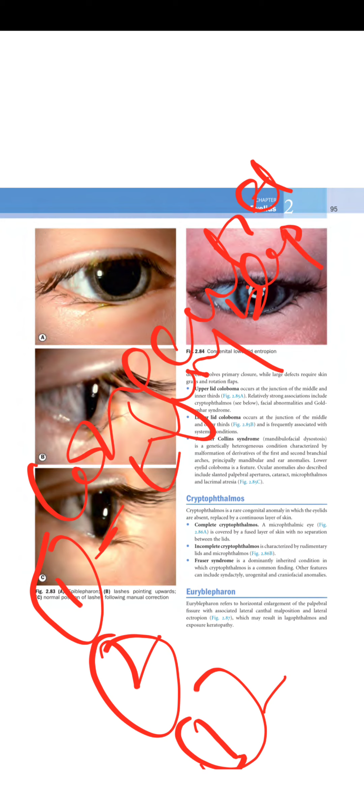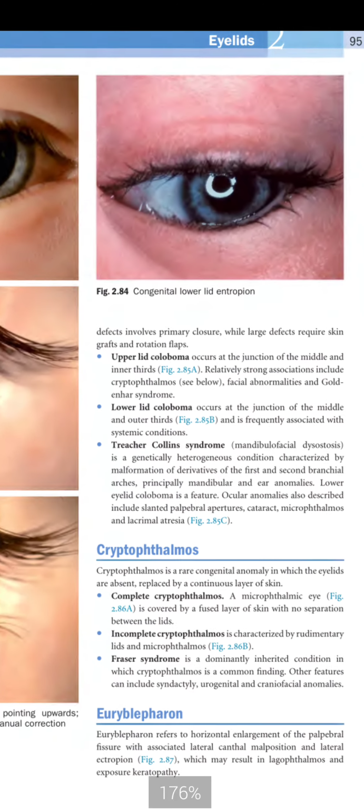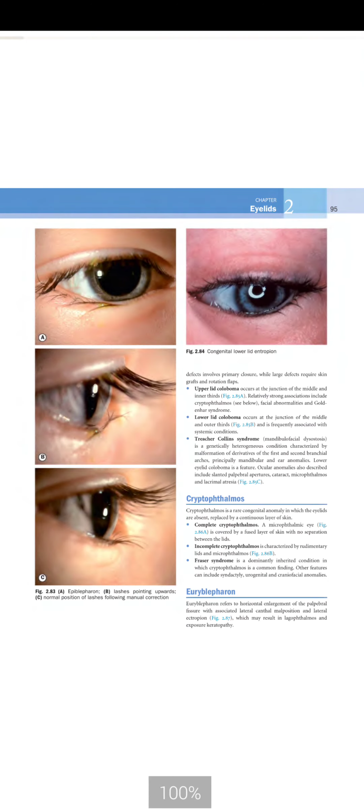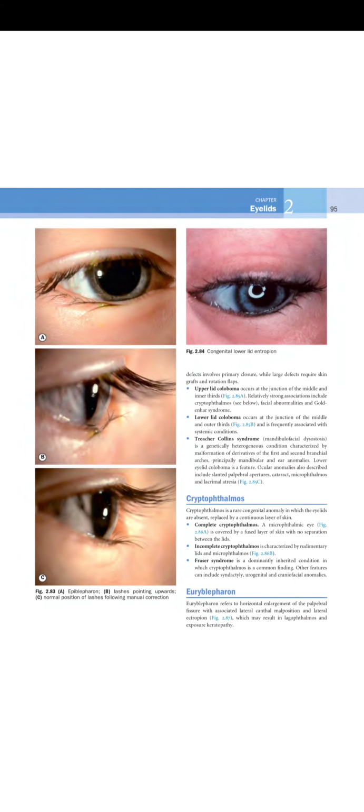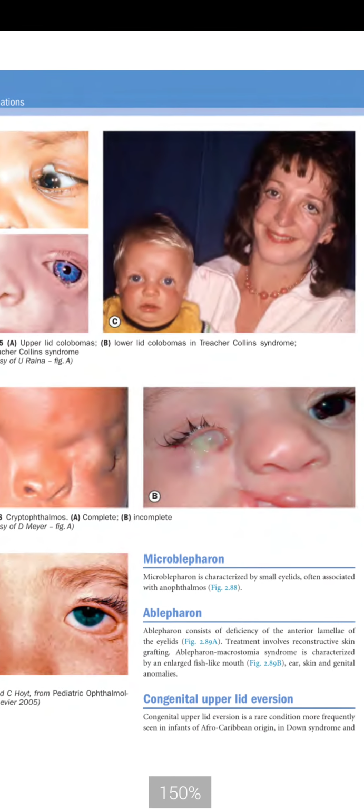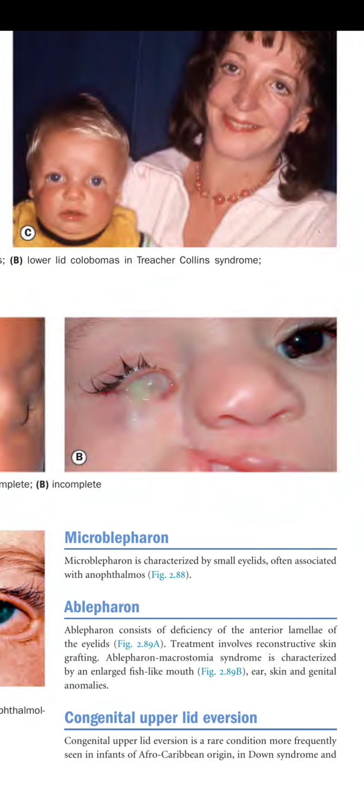Another one is ichthyosis. And the other one is Down syndrome. So in euryblepharon there is horizontal enlargement of the palpebral aperture, and there will be lateral ectropion, which results in exposure keratopathy.